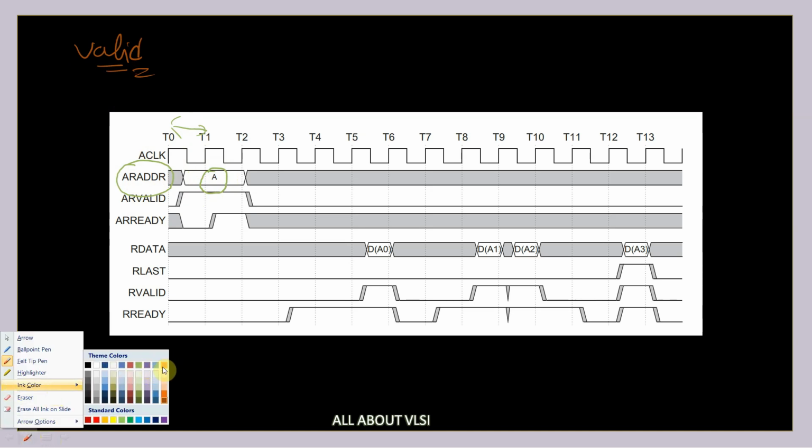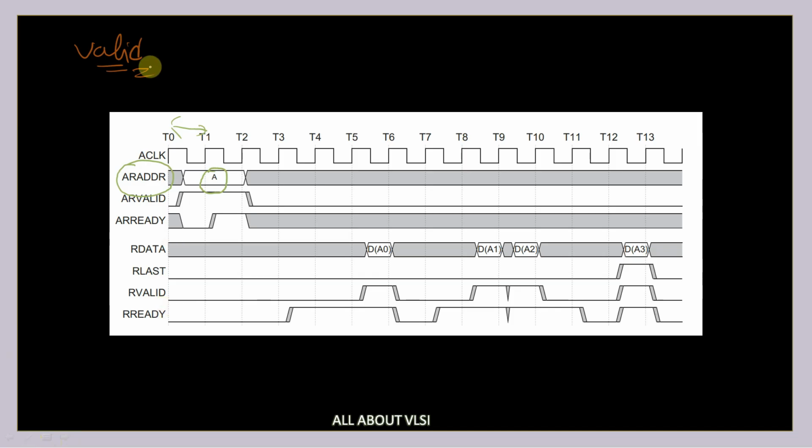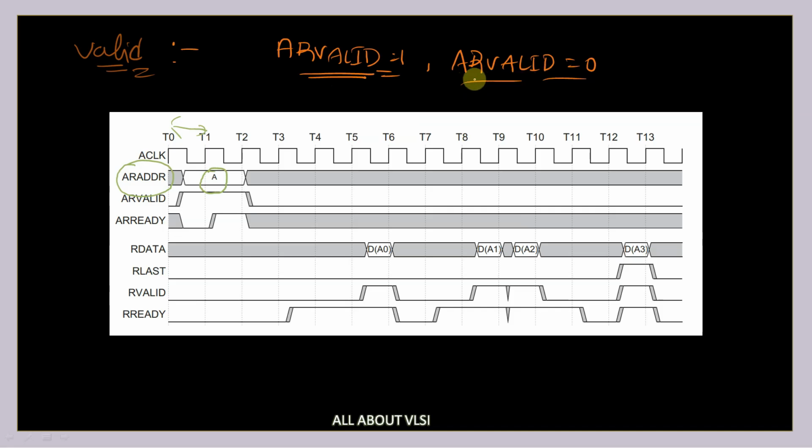Using this valid signal, the master tells the slave that the control signal or address signal it has sent is valid. If AR valid is equal to 1, then the address or control information sent by the master is valid. If AR valid is made 0, that means the address or control information sent by the master is not valid.